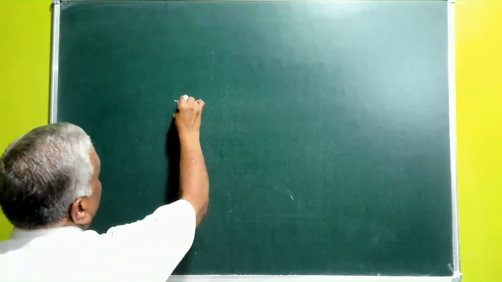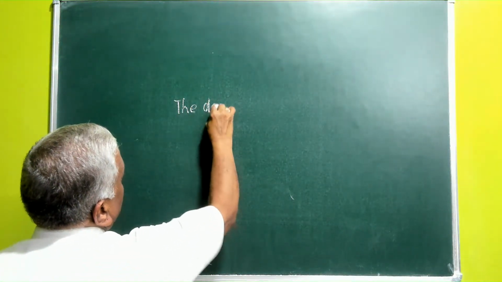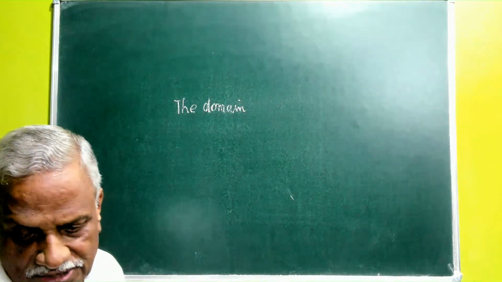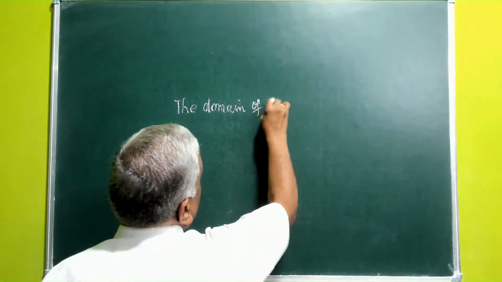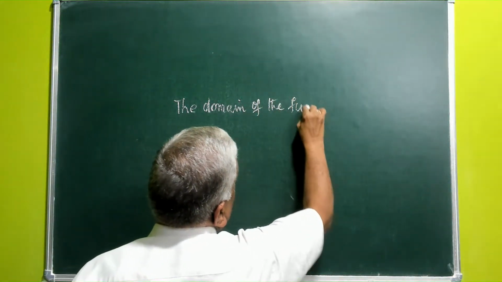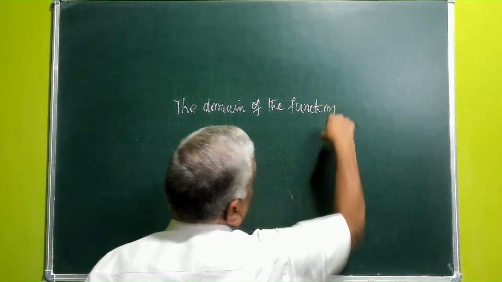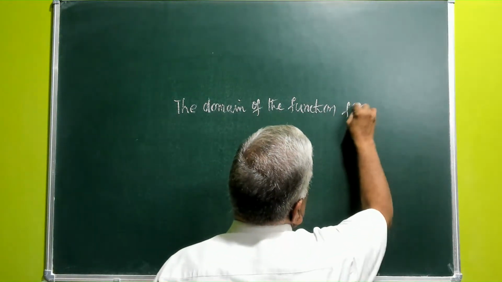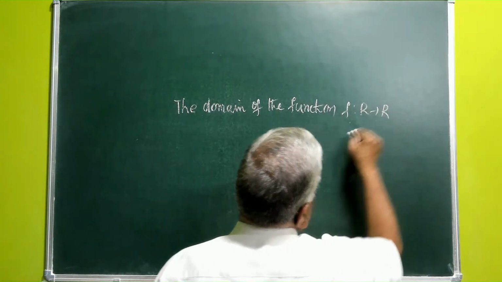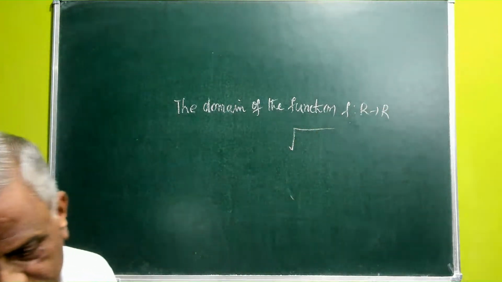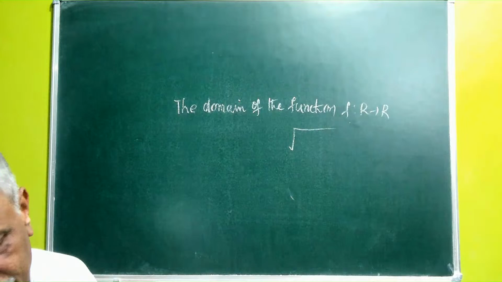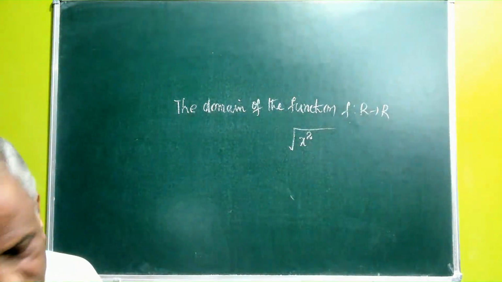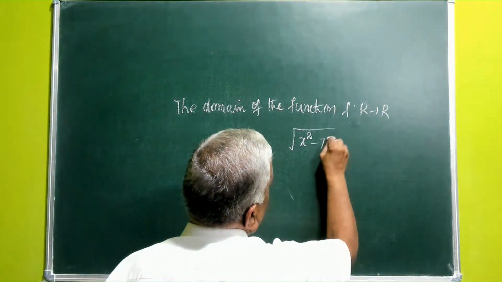So let us take a simple example of a domain. Find the domain of the function. You will always get some question based on domain and range. Domain of the function f from R to R given by f(x) equals root of x square minus 7x plus 12.